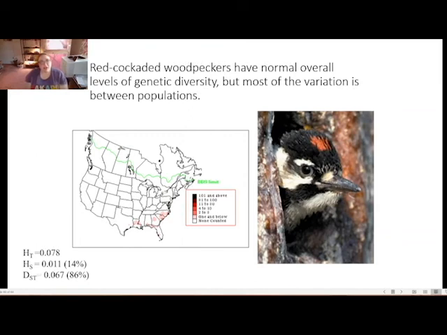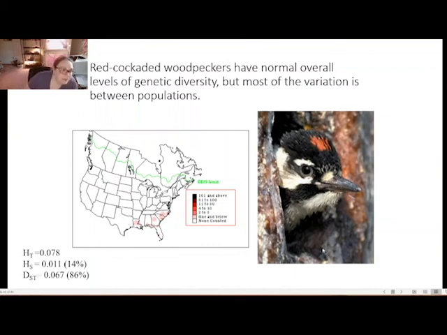With the red-cockaded woodpecker, another example, they have pretty normal overall levels of genetic diversity, if you look at the entire species. But most of their variation is between their populations. And this is not a good thing for them, because in order to maintain their heterozygosity, we would need to maintain all of their subpopulations, not just one.